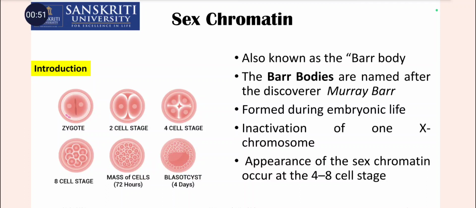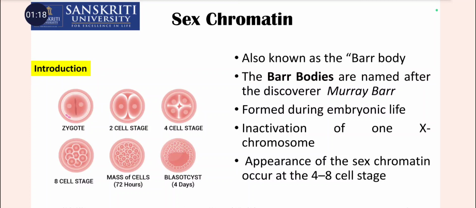This sex chromatin is formed during embryonic life. The fertilized form of the sperm and the egg is a zygote, which will further develop into the embryo through the 2 cell stage, 4 cell stage, 8 cell stage, then a mass of cells, the blastocyst.